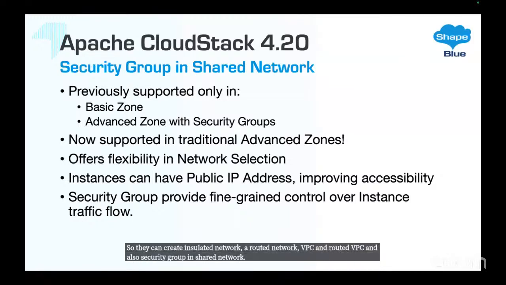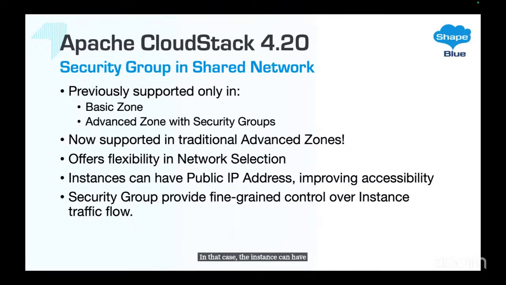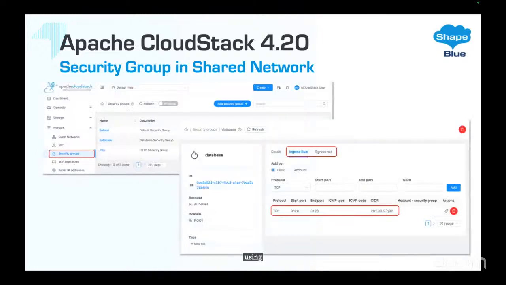In that case, the instance can have a public IP address set, which improves accessibility, and they can control the traffic flow between the internet and the instance using security group.